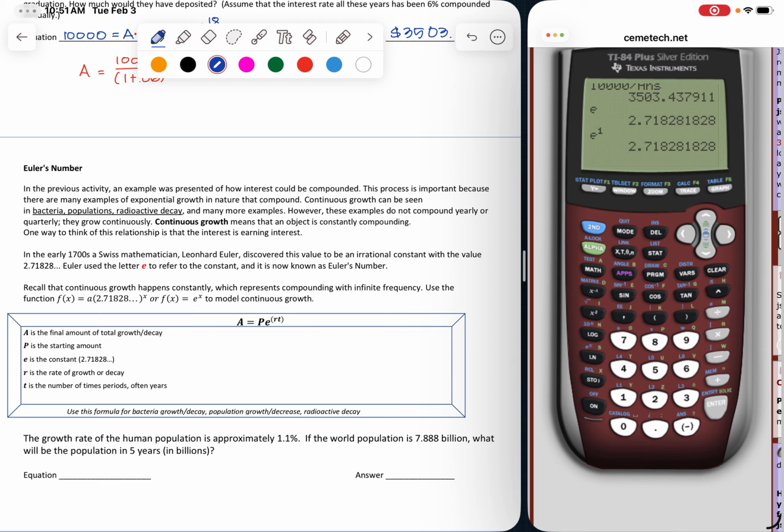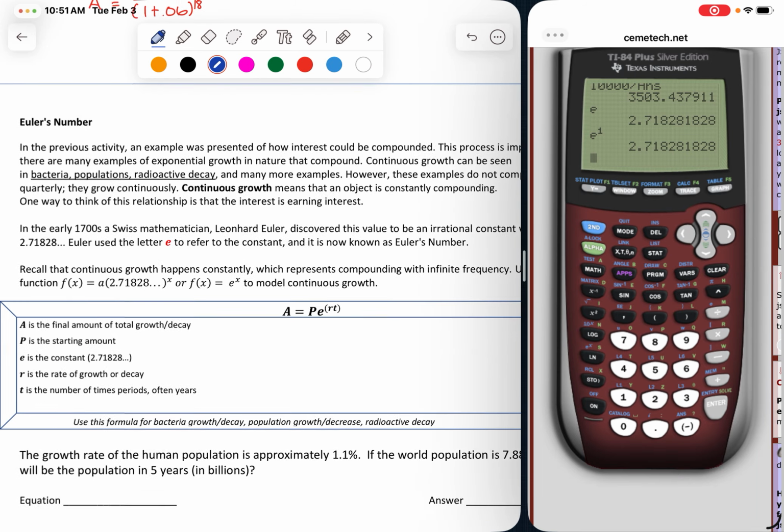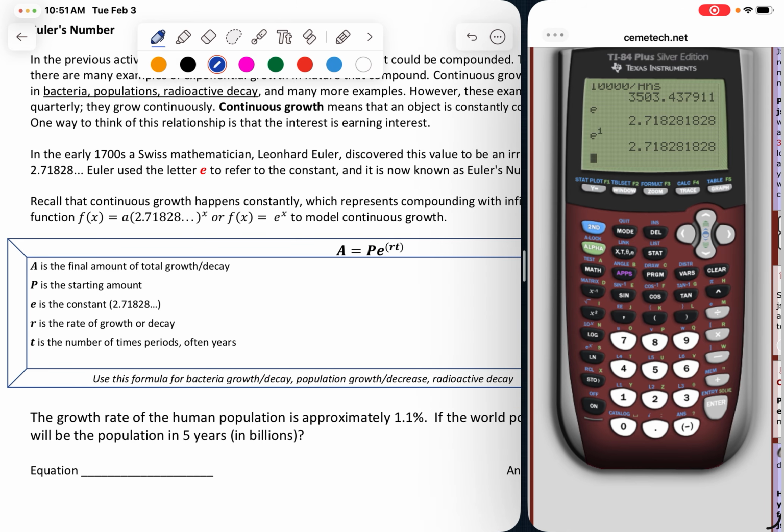Recall that continuous growth happens constantly, which represents compounding with finite frequency. Use the function f of x equals e to the x to model continuous growth. So here's PERT once again to remind us what the variables stand for. A is our final amount of the growth or decay.